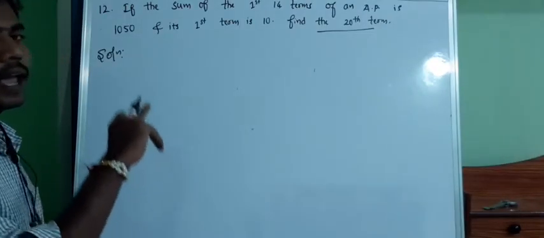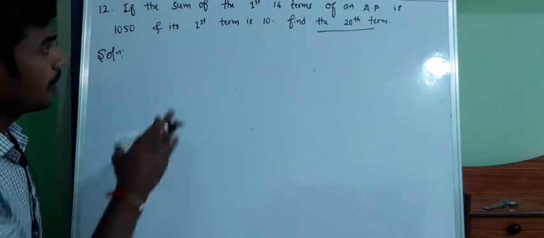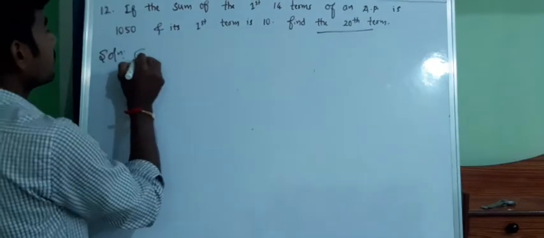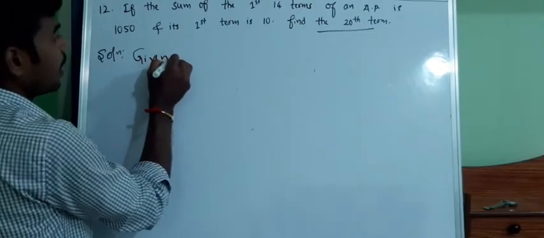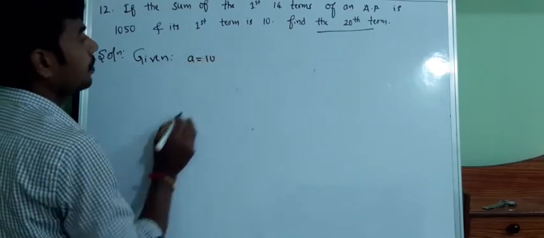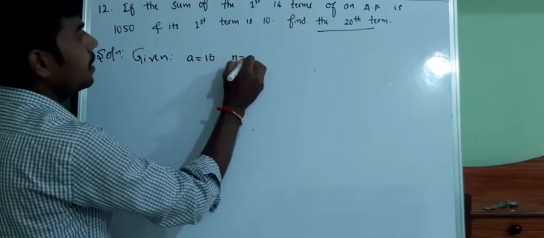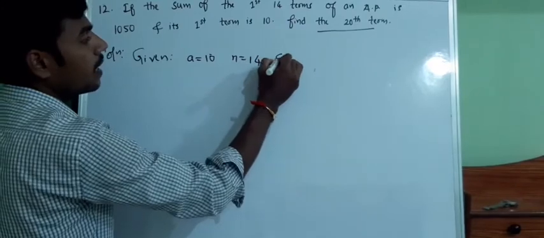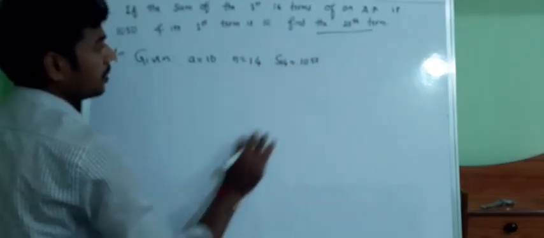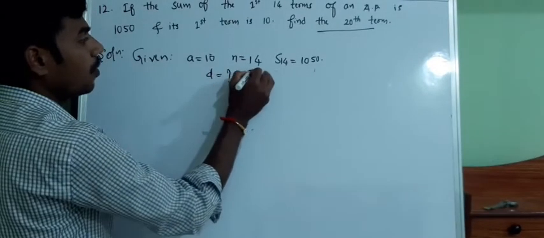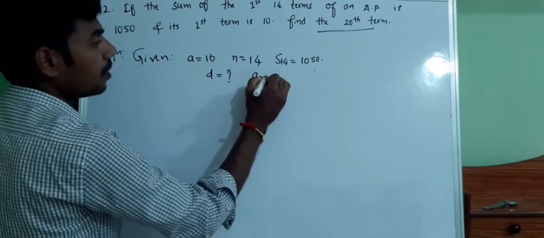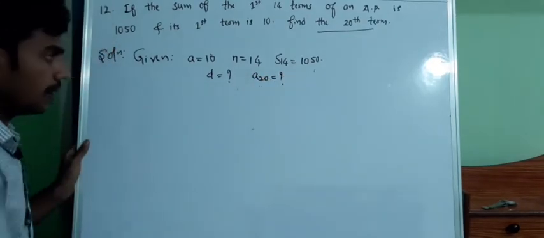So if I know A and D, then I can calculate the 20th term. But we don't know D. The given data is A is 10, N is 14 and S14 is 1050. What is D first? Then we need to calculate A20, the 20th term.